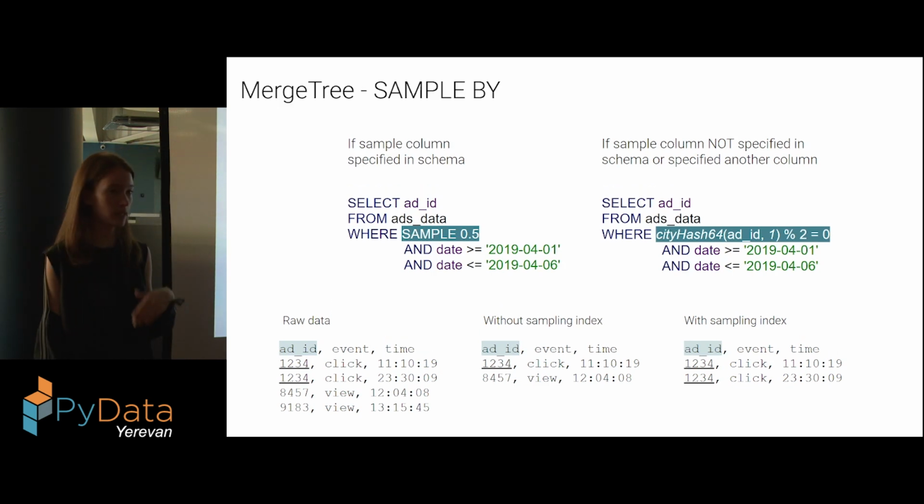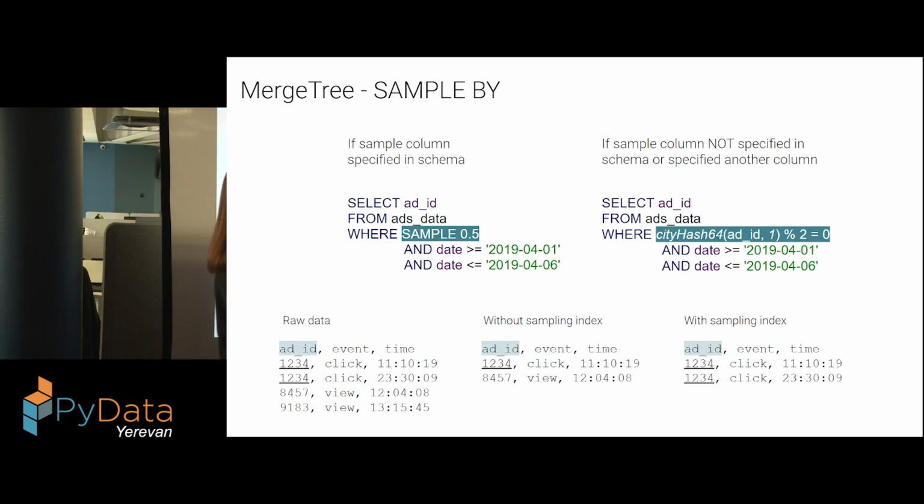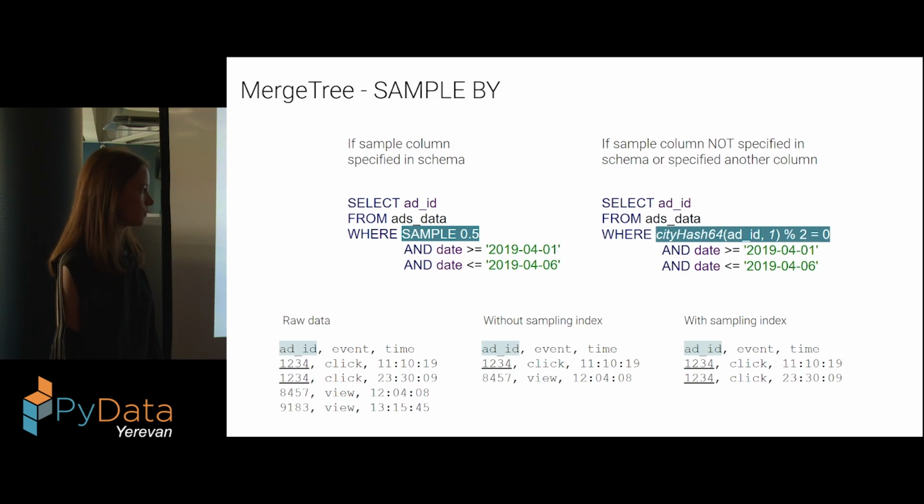And when you would like to sample only ad IDs, you need to sample them in this way, but not in this way as in the middle. So when you do not have a sampling index, it will just take some random rows, but you will miss this row here, and it can be a problem if you do some statistical manipulations with data.